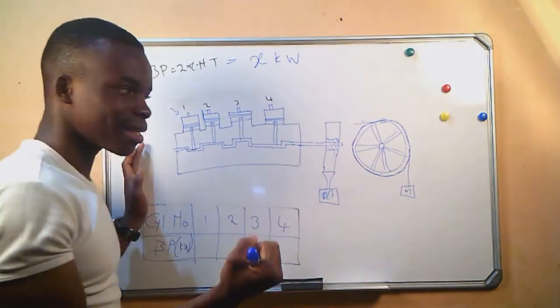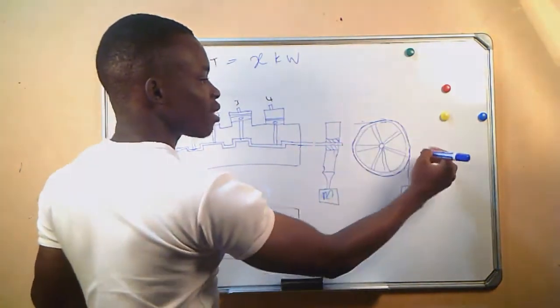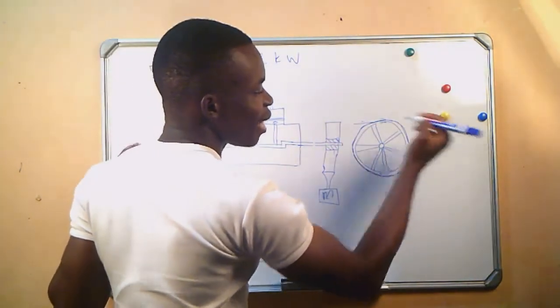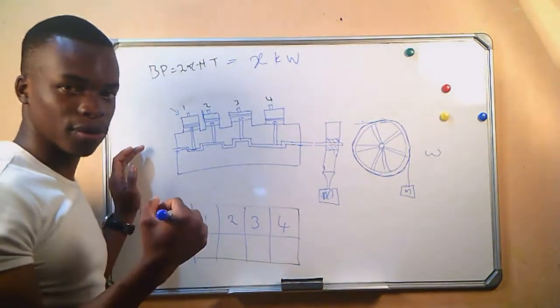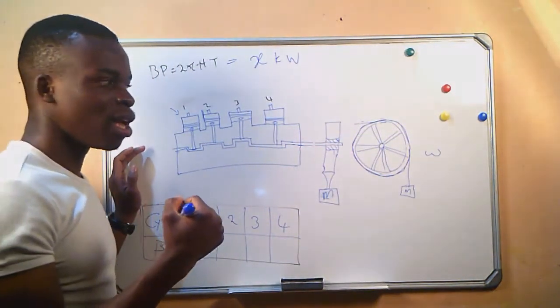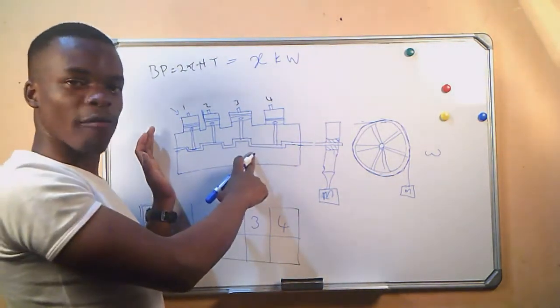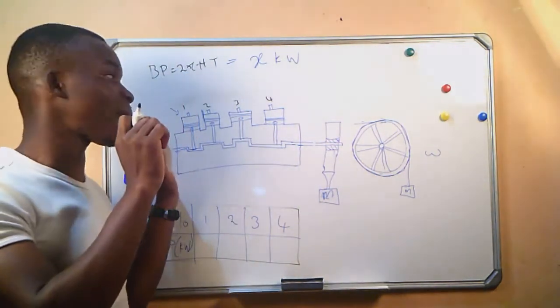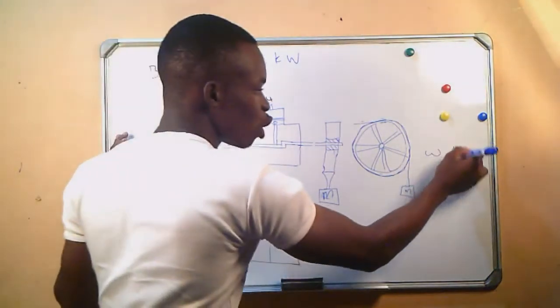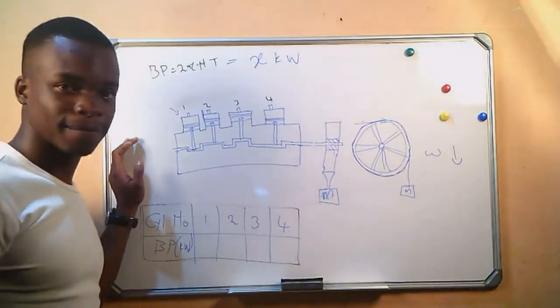As a result, if the crankshaft was rotating at an angular velocity of W, now due to the decrease of power produced by the engine, this will also decrease.